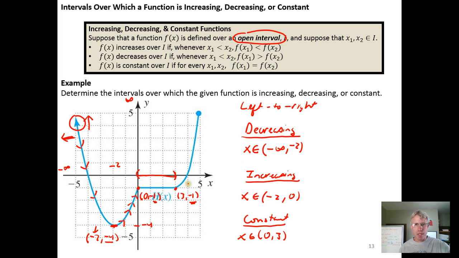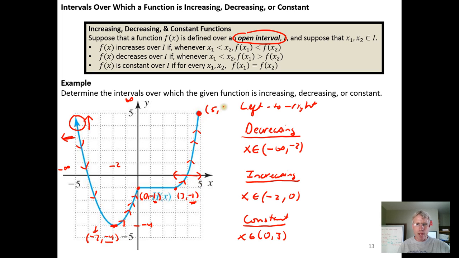And then once we get past 3, as the x values move past 3, the function is increasing in value up until we get here. And here I have a solid dot that indicates that the graph stops at an input of 5.